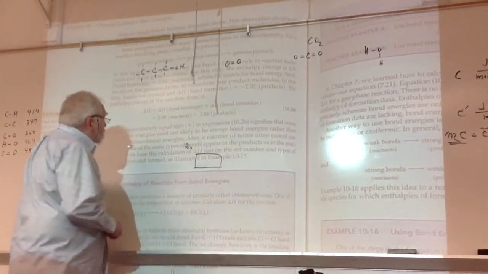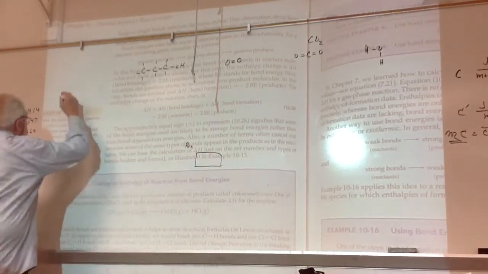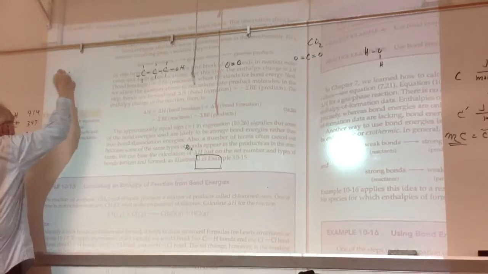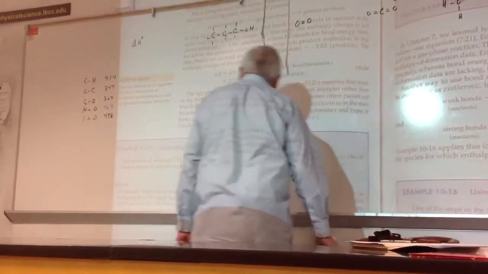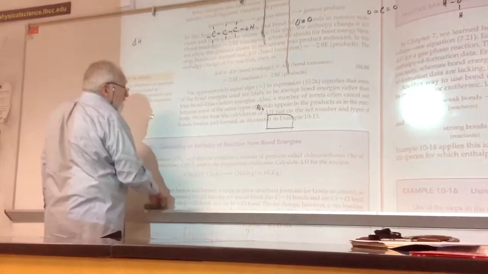He always wants to put it in this form, the delta H. And I guess he just uses delta H for this, we could put a 0 there, because I said we do this all in gas phases. I'll leave it as delta H.